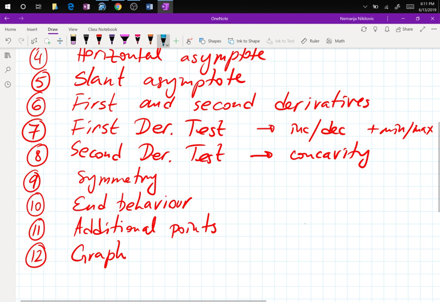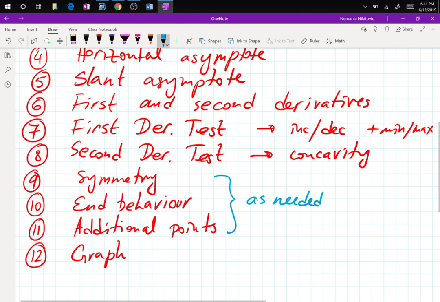Now, these 3 only if needed. Or, you know what, as needed. That's better. As needed.